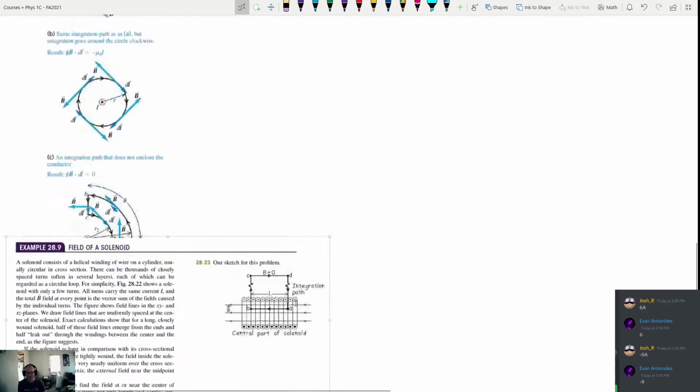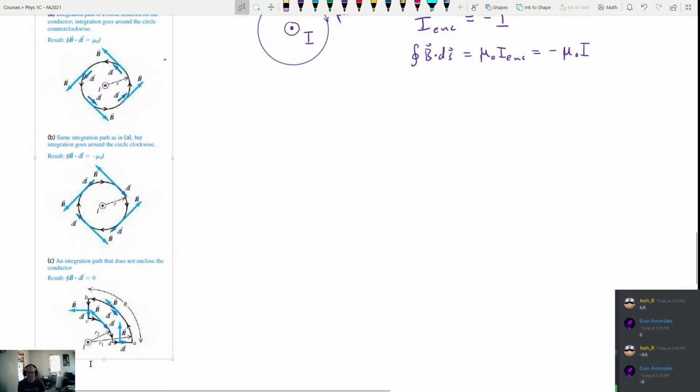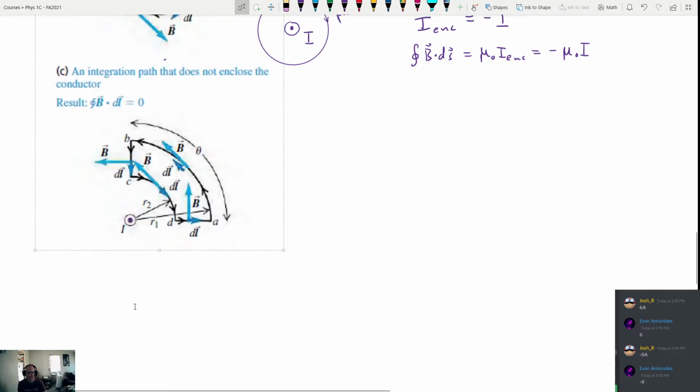Now there's a third possibility. This is the problem we're going to do in a second, where we include a path, right, where this picture is so hard to see. I'm going to blow this up a lot bigger so you can really see what's going on here. All right, so here's our current, right? And now our path is this, I don't know, this shape right here.